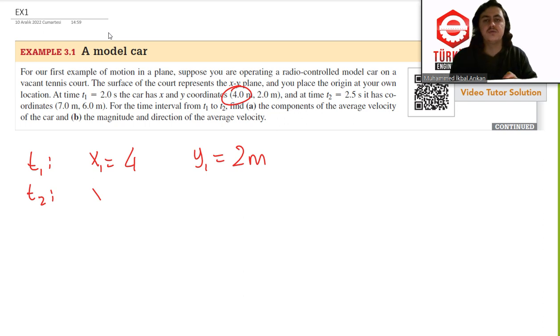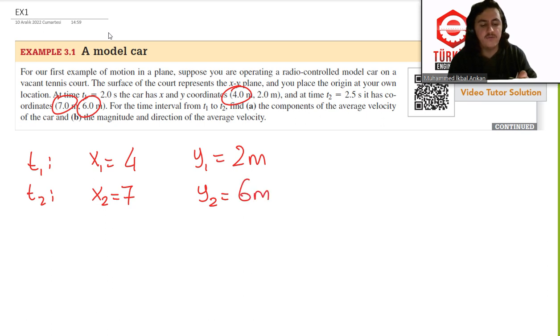When I reach t2, my final x position will be 7 meters. And what about y2? I have 6 meters. So as you see, if you have position change, that means you are making a translational motion. If your position is changing, your location is changing, so you are making a translational motion.